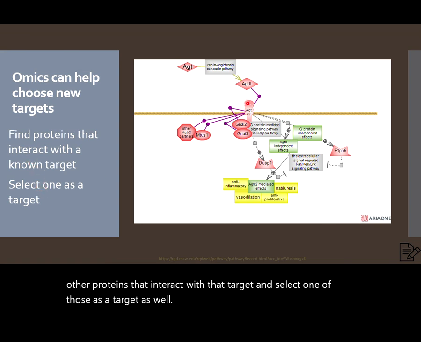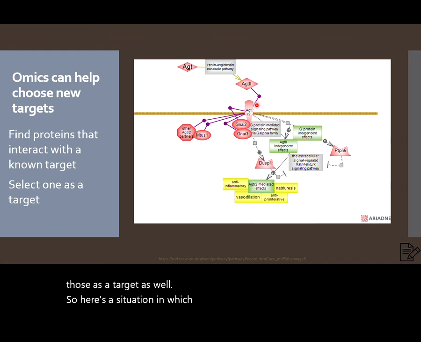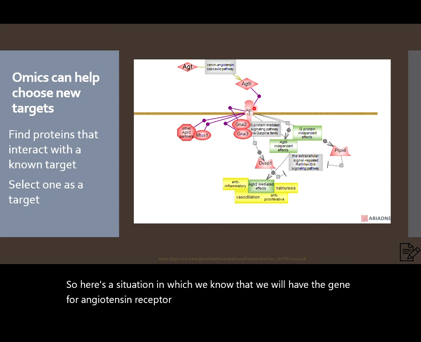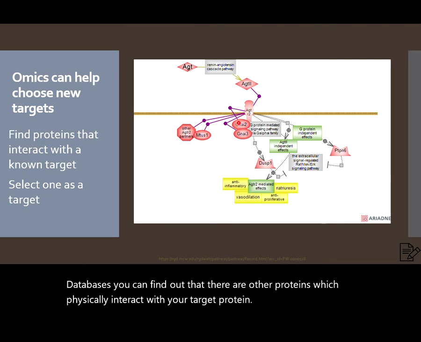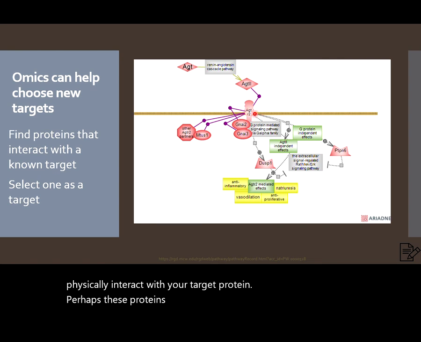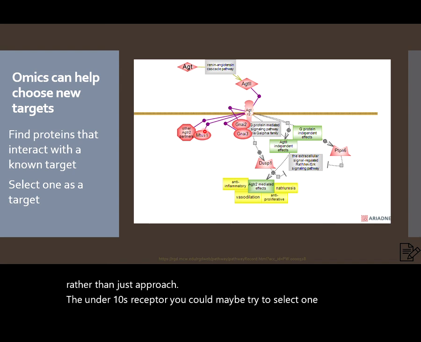So here's a situation in which we know that here we have the gene for angiotensin receptor 2, and from databases you can find out that there are other proteins which physically interact with your target protein. Perhaps these proteins are essential for your target to work. So rather than just approach the angiotensin receptor, you could maybe try to select one of these other genes as a target as well.